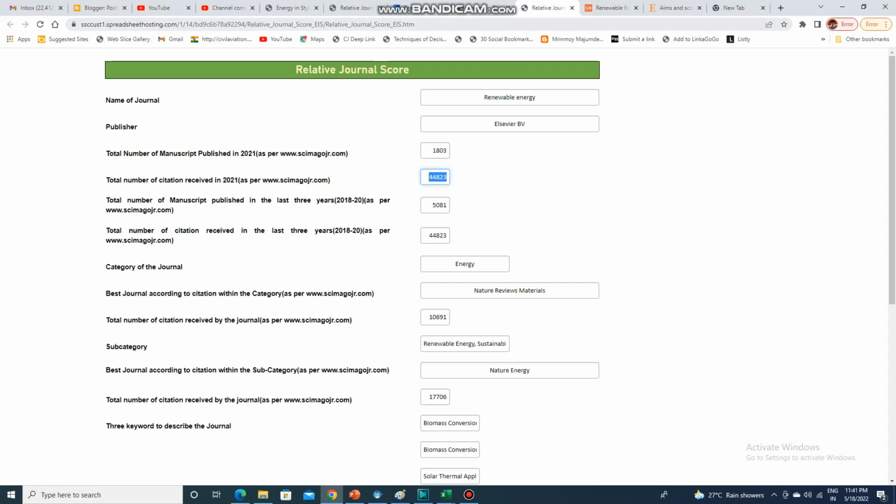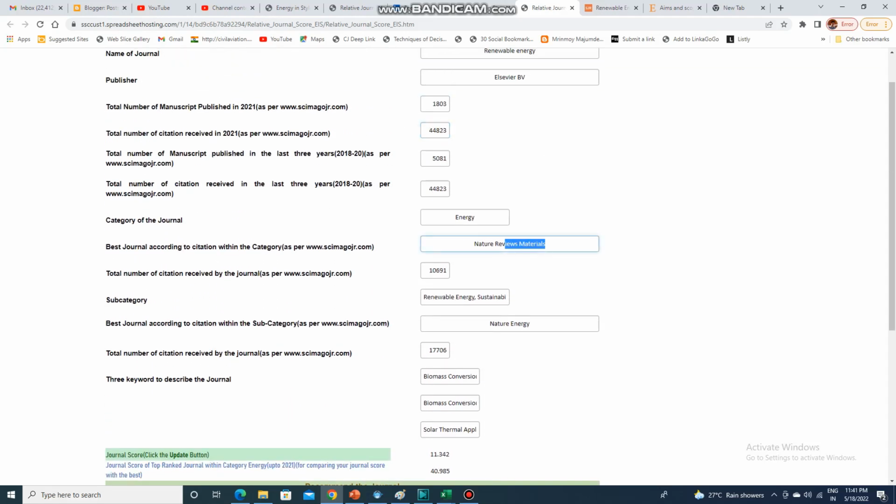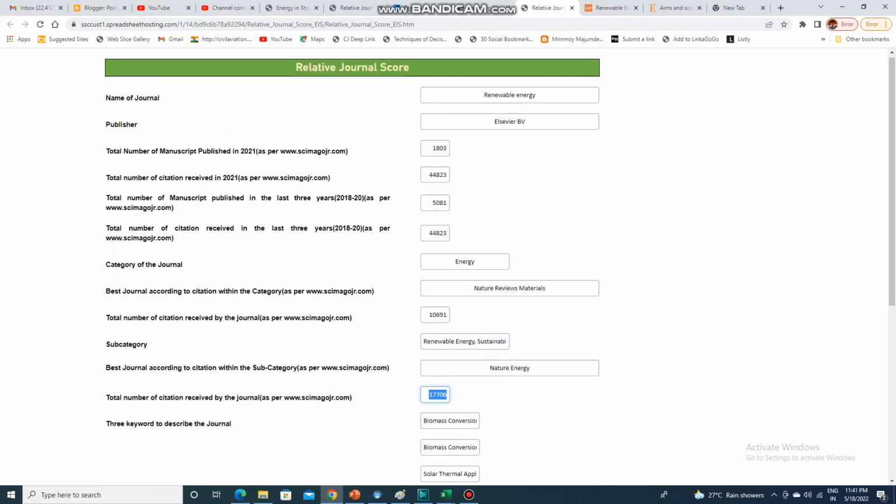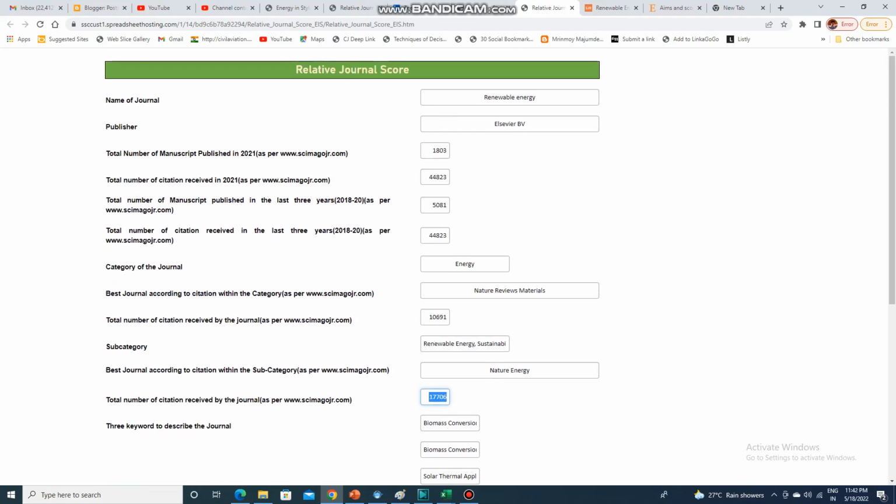that Nature Review Materials has received 10,691, and this Renewable Energy has received 44823. So if I compare the citation only, and if I rank the journals based on the citation, then this journal will be placed higher compared to that of Nature Review Materials or Nature Energy, which also has a lesser citation compared to our Renewable Energy.